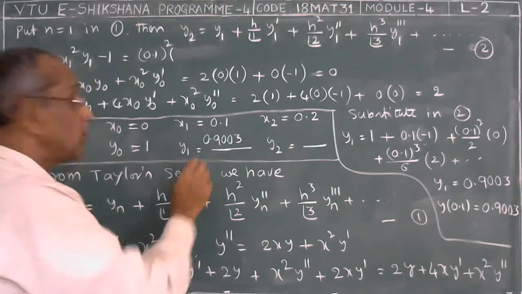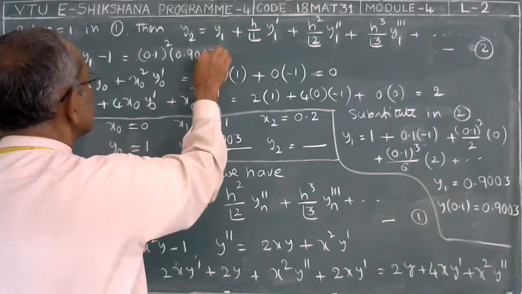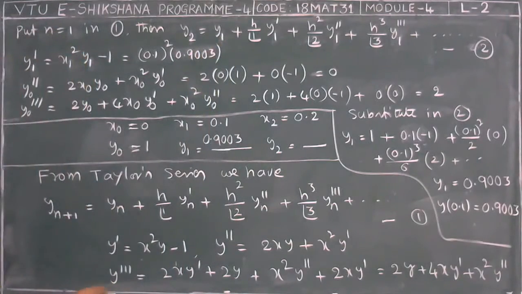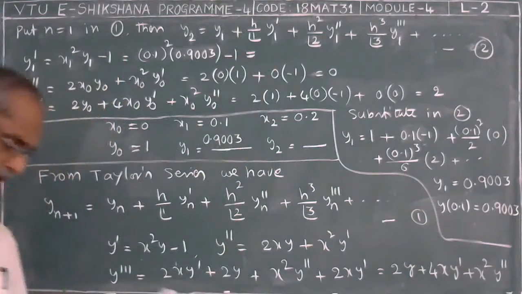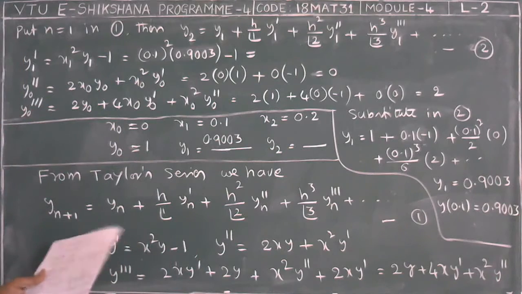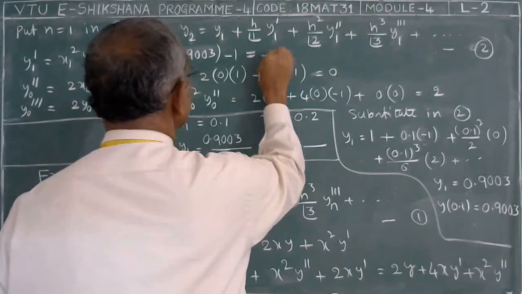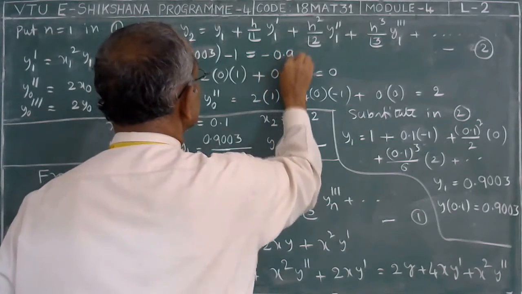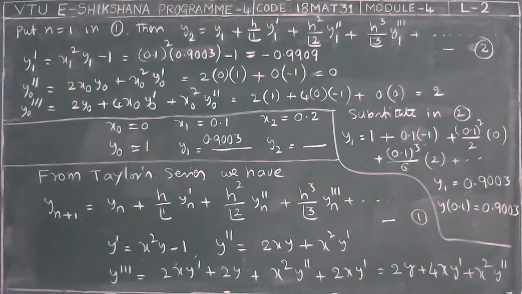Y1 is 0.9003 minus 1. So if you carefully calculate this one, you get minus 0.9909.